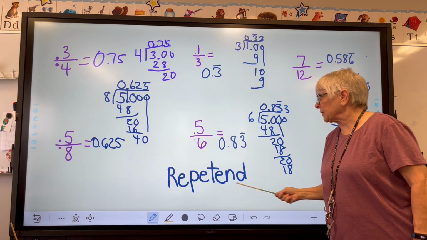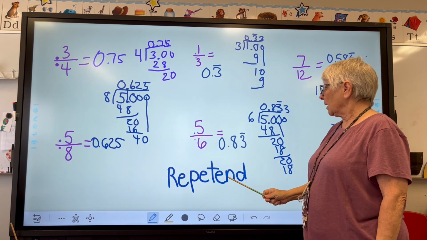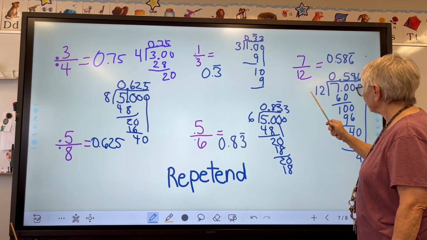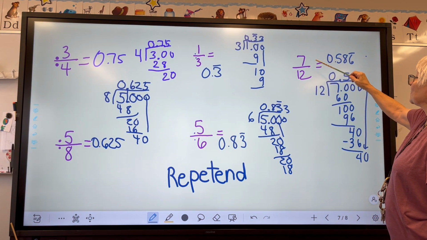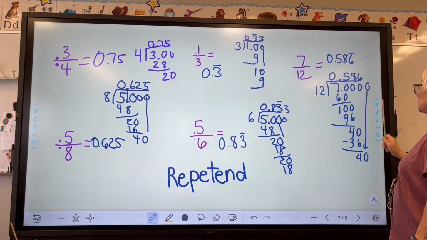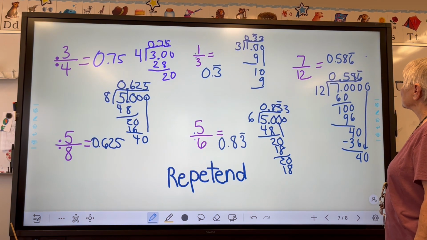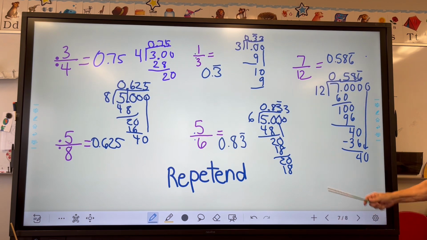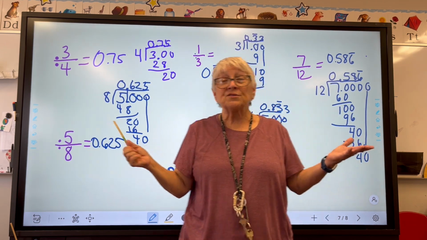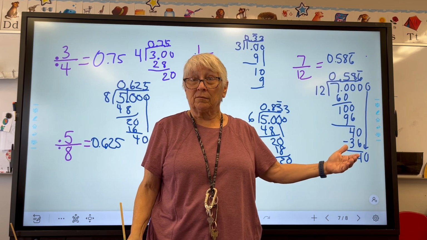So these are called repetends. In 1/3, only the 3 repeats. In 5/6, only the 3 is repeating. In 7/12, we have a repeating 6. The 6 is repeating. So the line goes over just the repeating 6. So the repetend line covers only the numbers that are repeating. But it's never going to come out even, because that number is always going to repeat.